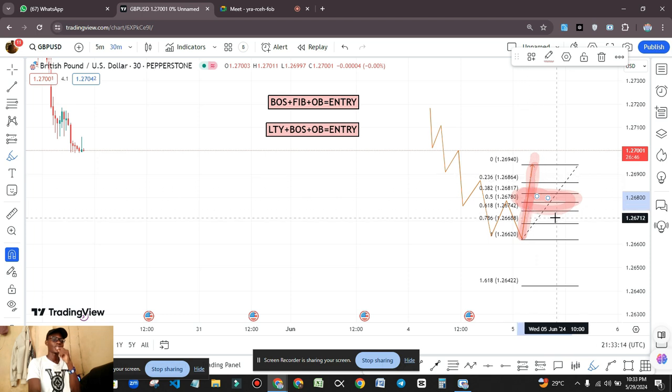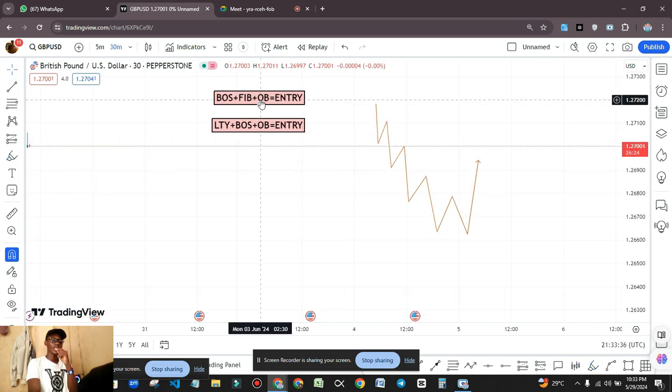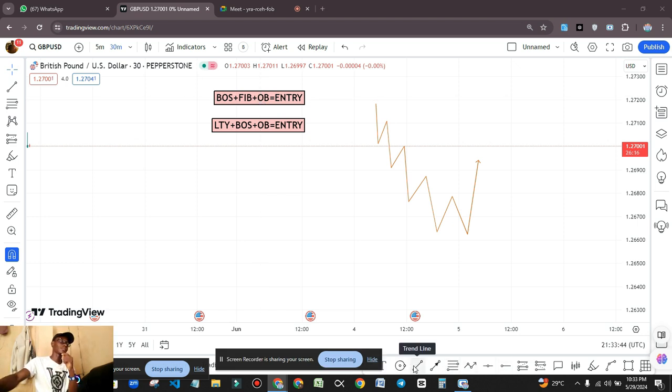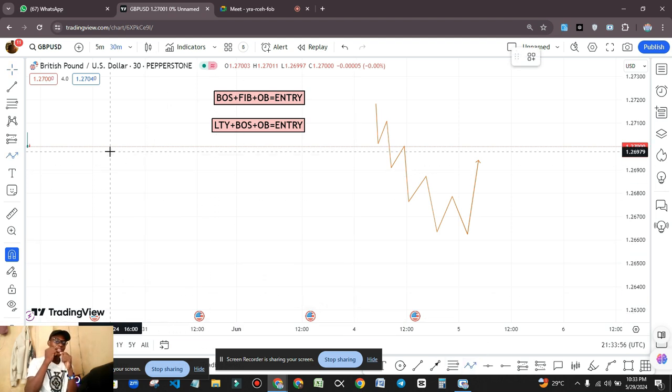The next step now is OB, and OB represents what? Order block. Now, do you know what an order block is first? Let me just explain what an order block is. An order block is the last bullish or bearish candle before any breakout. Let me say it again.